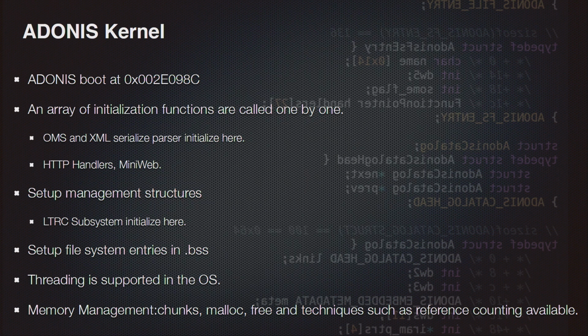So if we wanted to understand more about the internals of a specific component inside the system, we could look at some of those pointers here. For example, what is set up is a tracing system, different XML parsers, the mini web server, and so on.